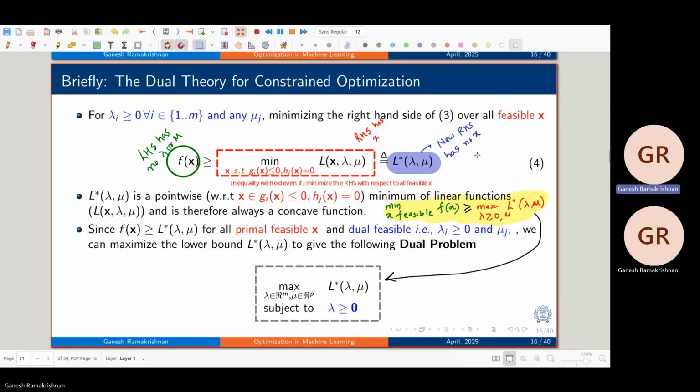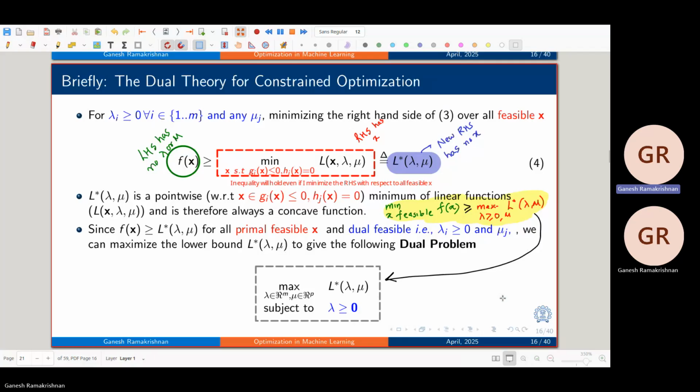And the RHS has no x. So the primal problem has no lambda, mu; the dual problem has no x. And there's a lot buried between the two, all this Lagrange function, L star, the Lagrange dual. Min over feasible x of f(x) is greater than or equal to max over feasible lambda, mu of L star(lambda, mu).